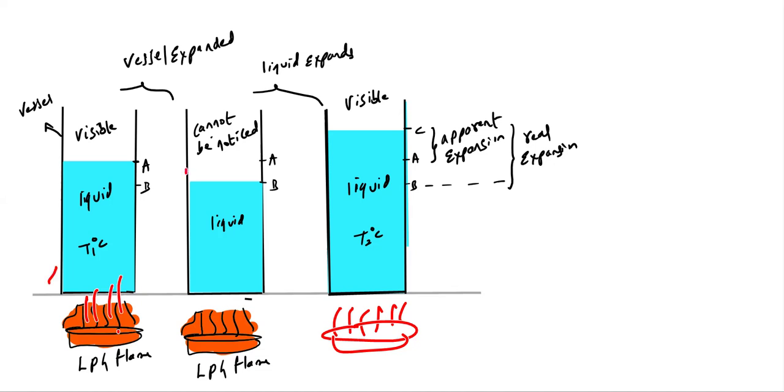The fall of liquid in the vessel we don't notice. What we notice is that the level of liquid is at A, and finally, at temperature T2 degrees Celsius, the level of liquid is at C. So this AC is the apparent expansion we are able to measure. Real expansion is not measurable, it only has to be calculated.